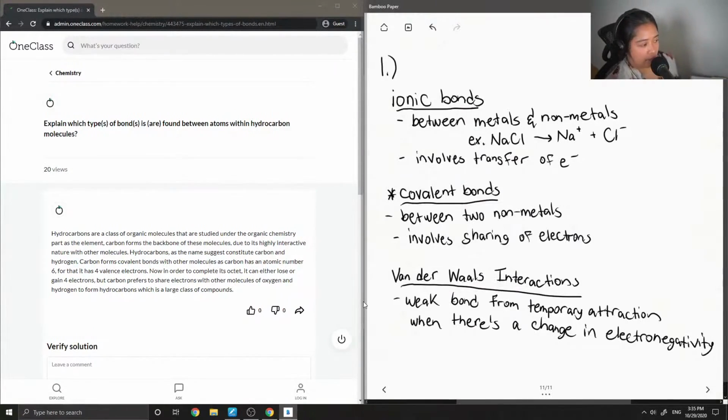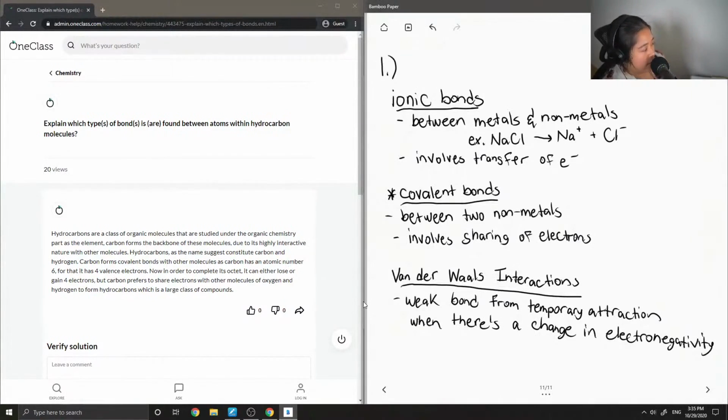Those are a lot of different van der Waals interactions. There's also something called London dispersion, hydrogen bonding. But I'll just talk about these main 3 for now, and then we'll look at what our junior tutor said.